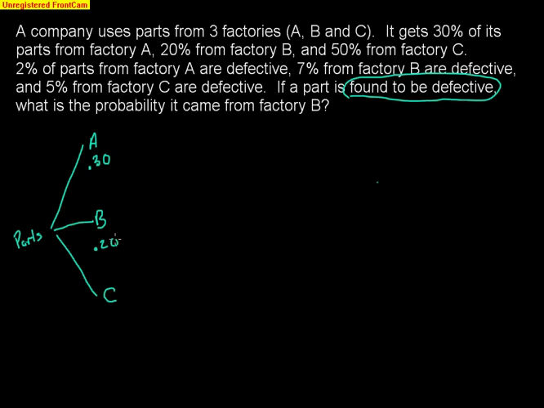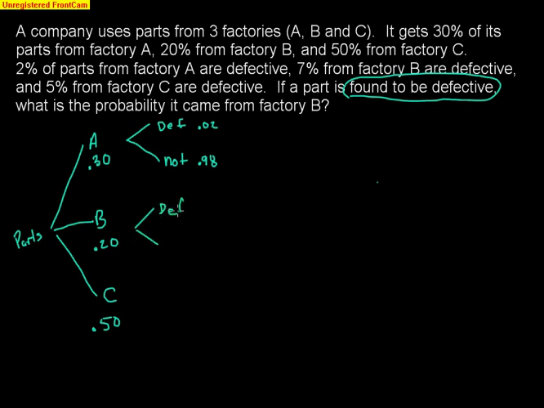Now, if it's from company A, that part could be defective, or it could be okay, or just not defective, right? So it told us that from factory A, 2% are defective, which would lead 98% not defective. From company B, we could be defective or not, meaning it's an okay part.